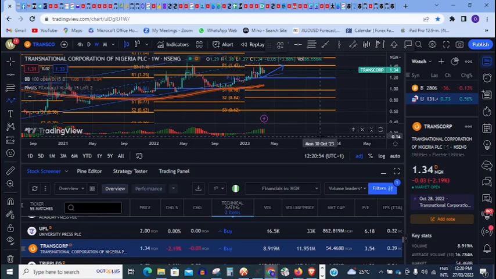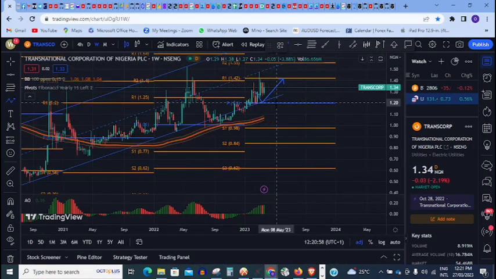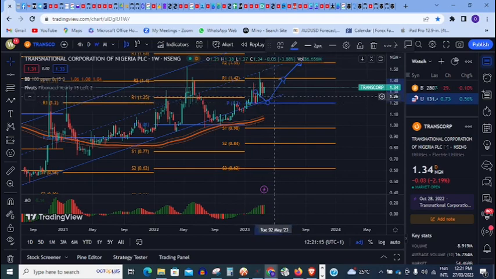Transcorp. Okay, for Transcorp, entry still valid. In case you get something around this level, this price, okay, 1 naira 21 kobo.